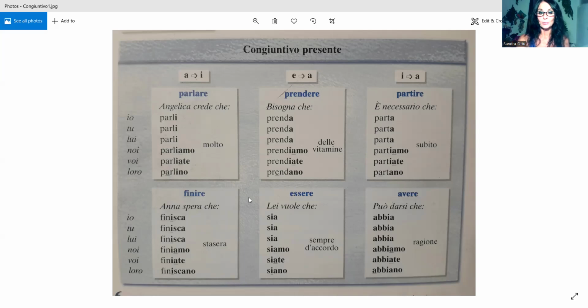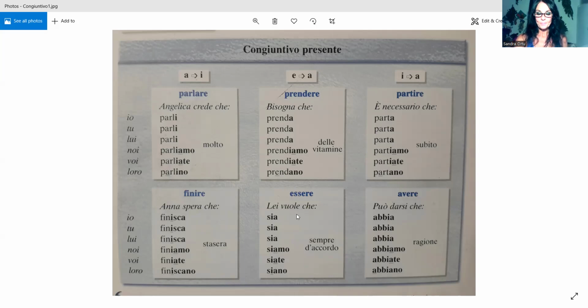In this table, it is also useful, in fact crucial, to always learn every tense, every conjugation of essere, to be, and avere, to have, which are at least 99% of the time irregular. So I'm going to read this.